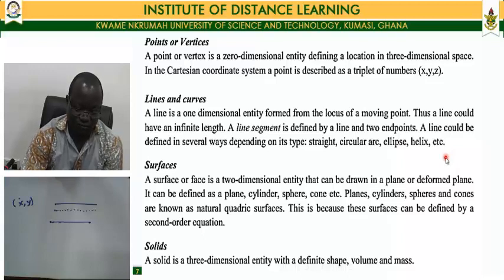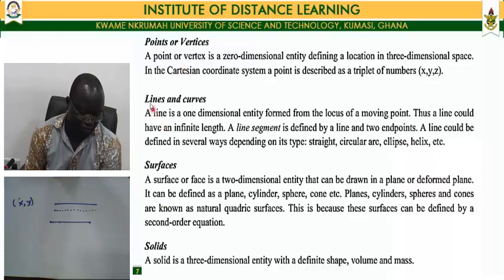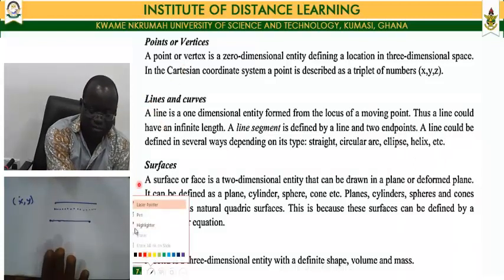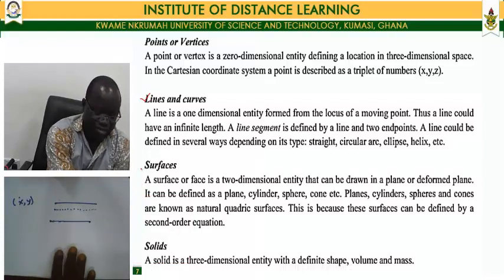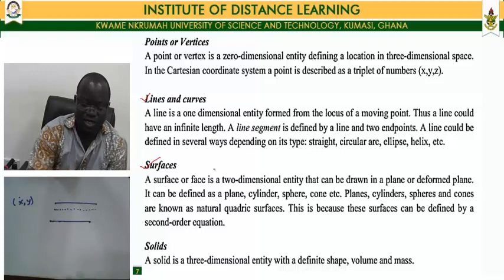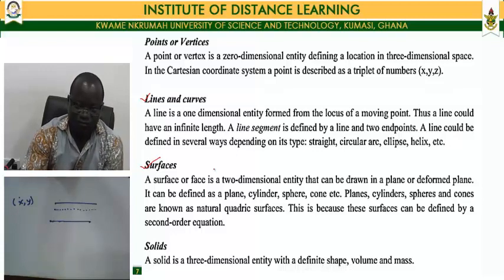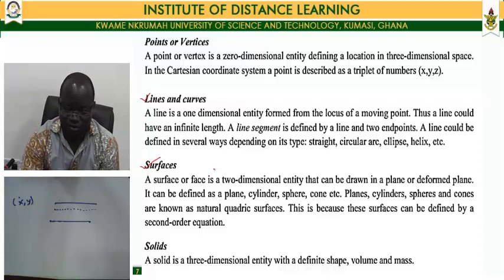Now when we come to surfaces, the surface of this plain paper is a typical example. A surface, or normally what we call a face, we can use the screen that you see and view as a surface as well.